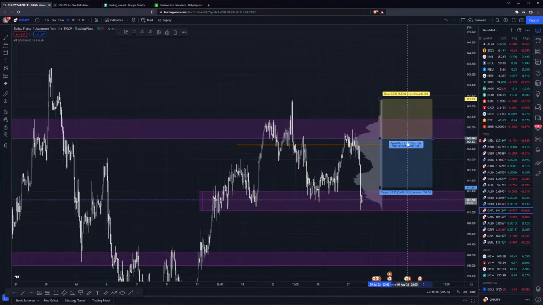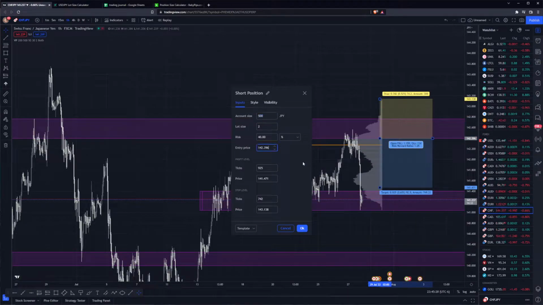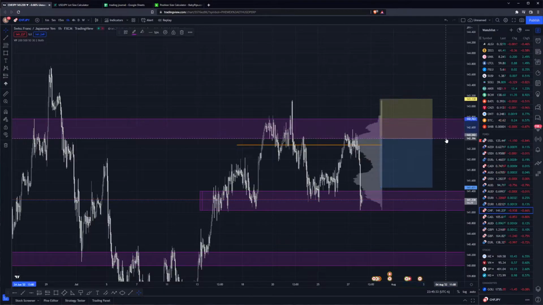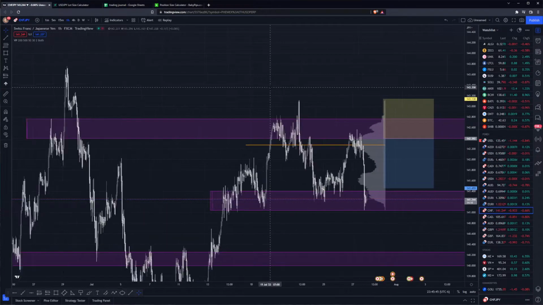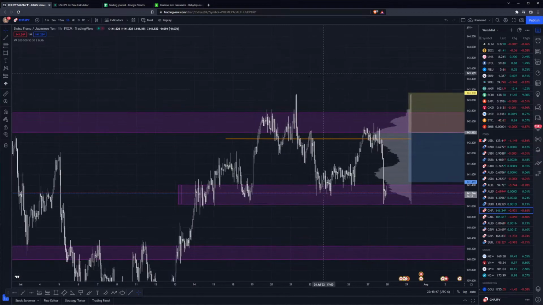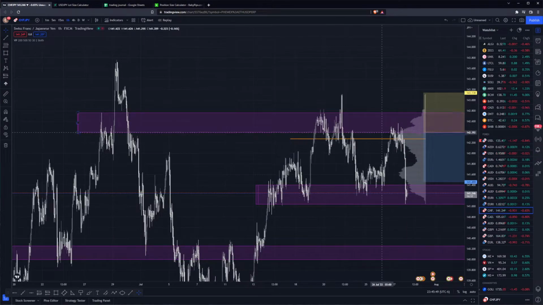I always want to check that my price is precisely in line with my zone. I know I said earlier these zones are not precise, but I like to stick to my rules, and my rules are to draw these zones right where the last highs and lows were.